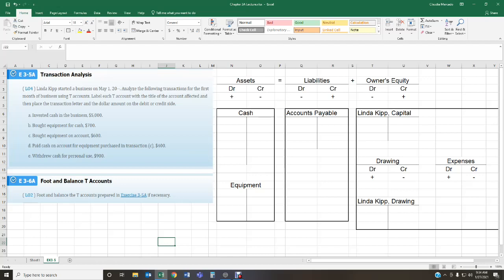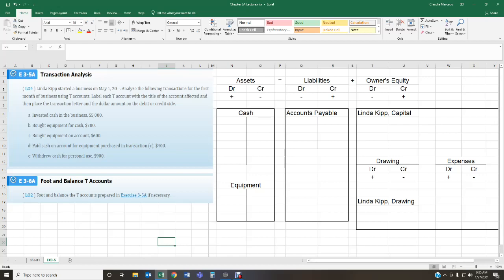So the first transaction that we have here is we invested cash in the business, $5,000. So the problem states that we are opening up or starting up our own business in the month of May. So I've got my accounting equation here on the right hand side, which is your assets equals your liabilities plus your owner's equity.